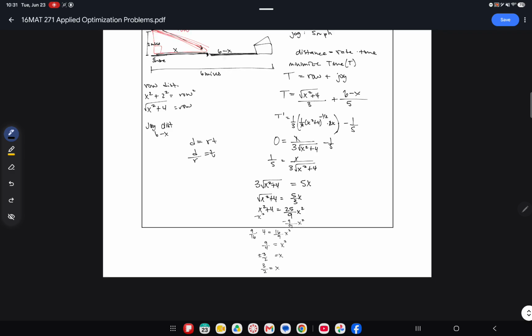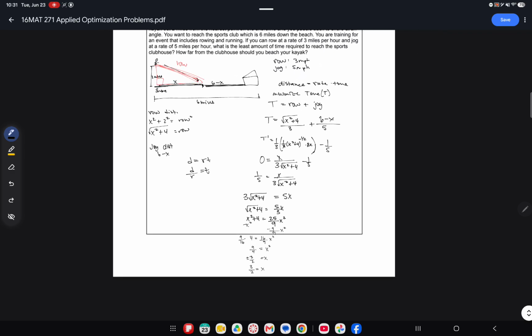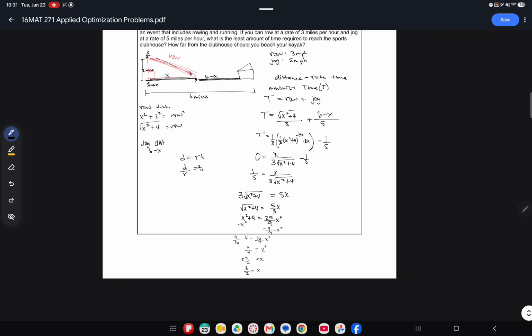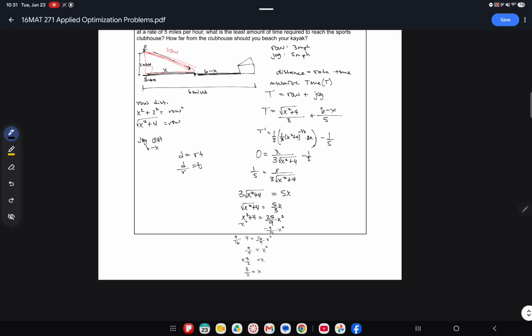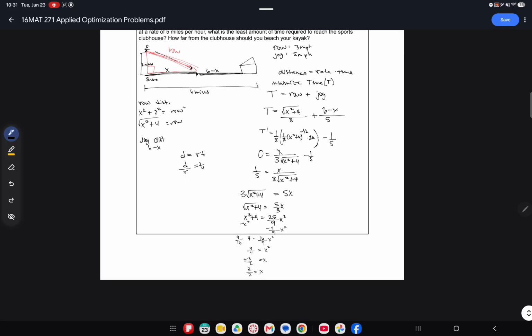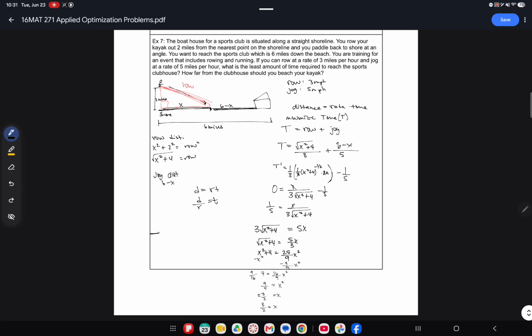And now we can figure out what else we need. What's the least amount of time required to reach? So now let's plug in the 1.5 into our time formula here.